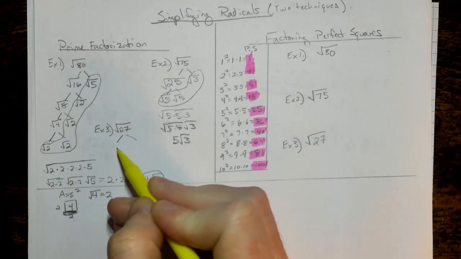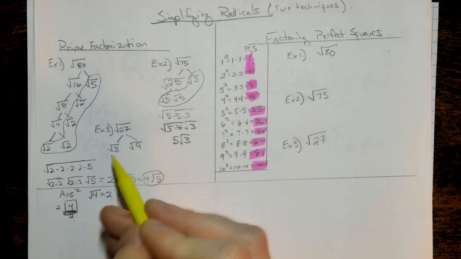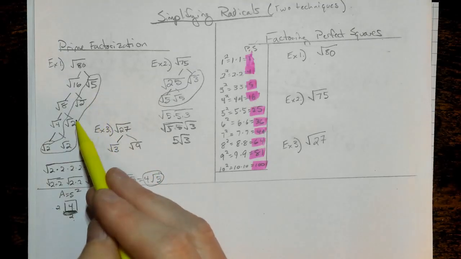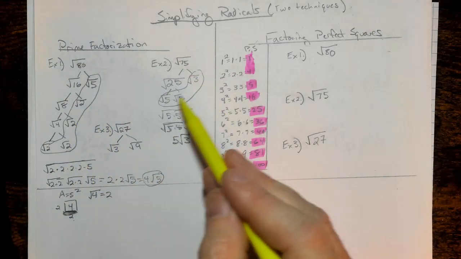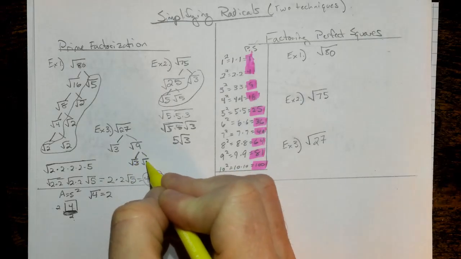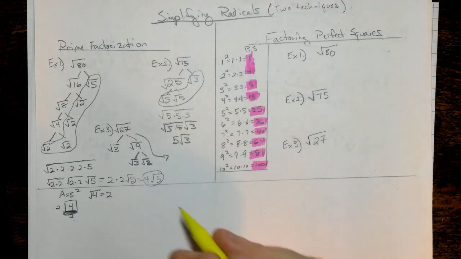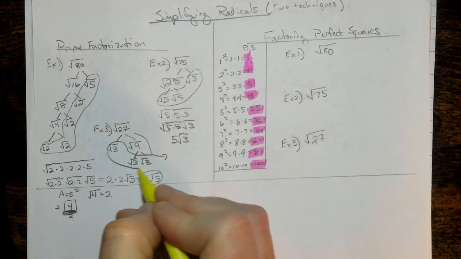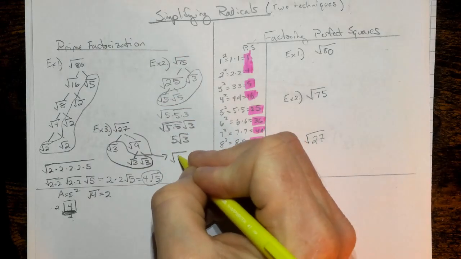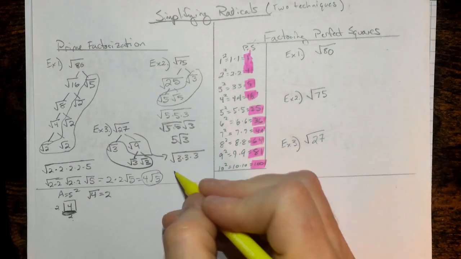Okay, so let's try this one right here with the same idea. Let's see, I could say the square root of 3 times the square root of 9. Now 3 doesn't have a factor, it's prime, just like 2 and 5 are prime, and then I can factor 9 to the square root of 3 times the square root of 3. I'm going to pull this problem over here so we can see that these are my 3 factors. 3 times 3 times 3 is 27. Of course, they're all underneath the root symbol, but I'm going to break it up.